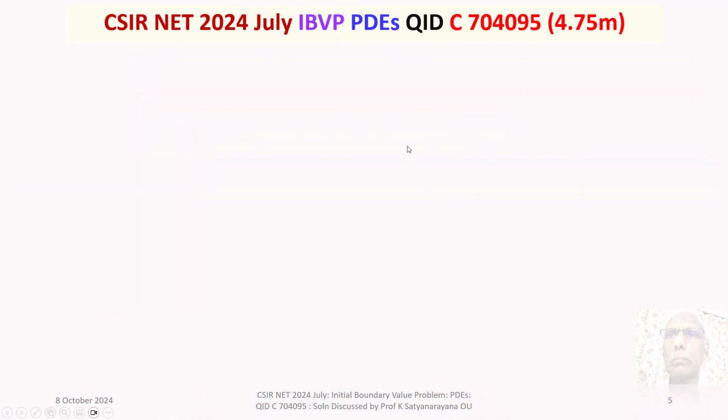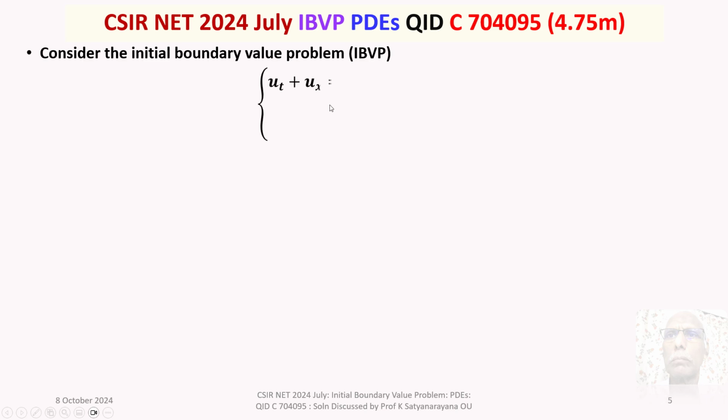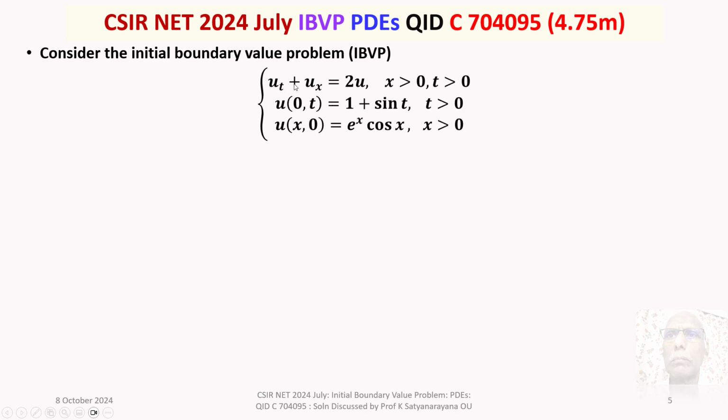Right. The given question is, consider the initial boundary value problem, IBVP in short. The partial differential equation is u_t plus u_x is equal to 2u. That is, del u by del t plus del u by del x is equal to 2u when x greater than 0 and t greater than 0.